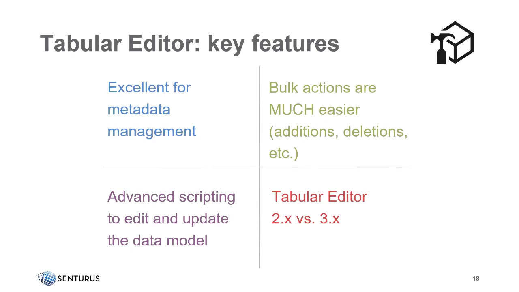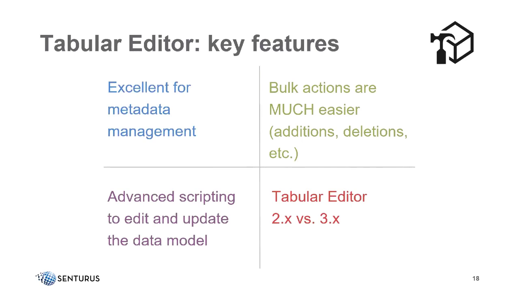So the last part is, if you go to look up Tabular Editor, you'll see version 2 versus version 3. Version 3 is a paid version with a few additional paid features. It may look a little bit more familiar in terms of the UI UX because it has the same look and feel and organization of SSMS, intentionally, because they're trying to not make it feel like another external tool.